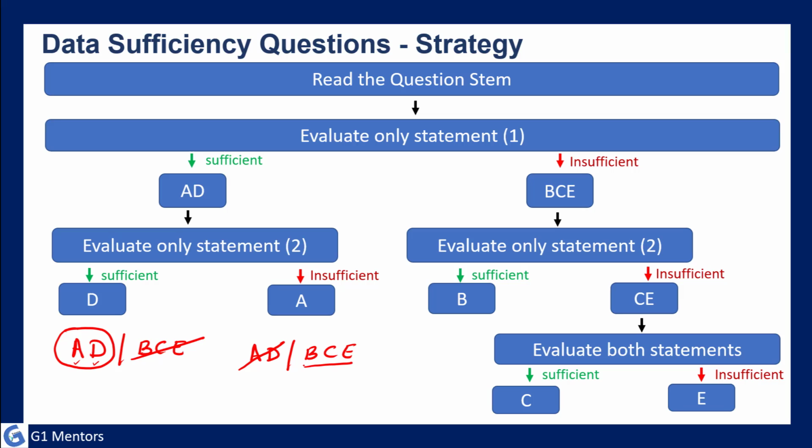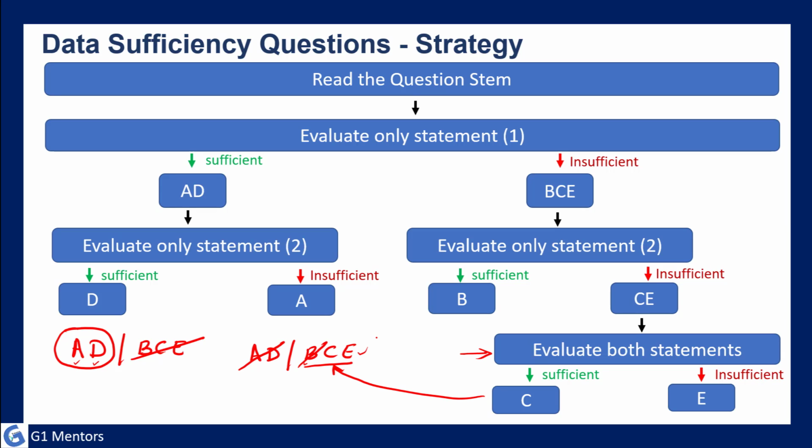If statement 2 alone is sufficient, the answer choice is B. Otherwise, we strike off B as well. Then only C and E are left as answer choices. Then we see both the statements together, and if both the statements together are sufficient, the answer choice is C, otherwise the answer choice is E. We'll see that from some examples which I'll be covering in the future slides.